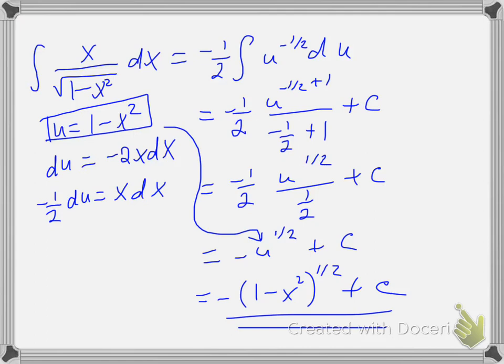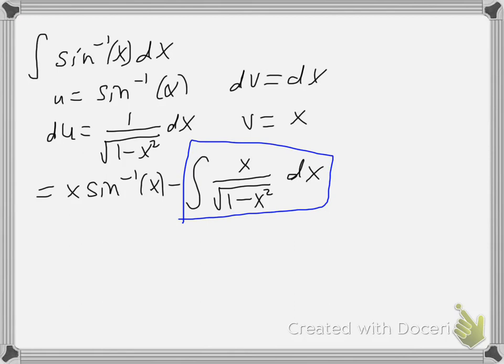So now we can put everything back together. Let's go back. So this is now going to be x sine inverse of x minus negative (1 minus x squared) to the half plus that arbitrary constant of c.